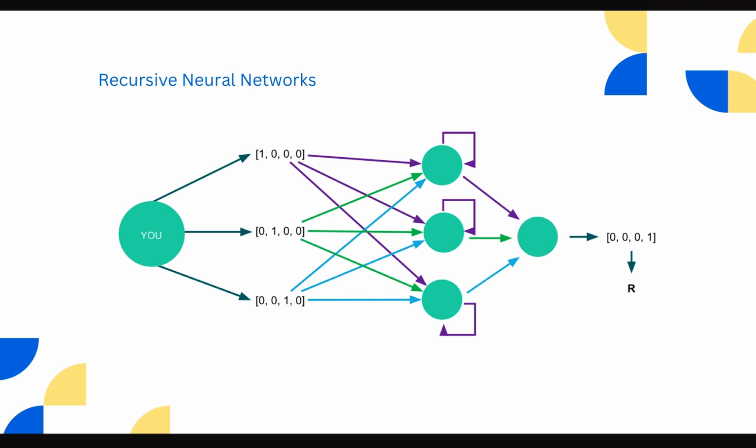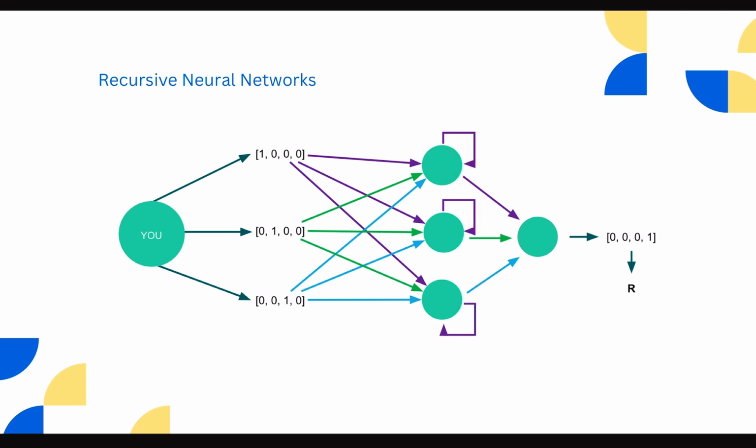Unlike traditional neural networks, RNNs have loops in their architecture. The loops helped in allowing information to pass to the next set of neurons and so on. So they work by taking in input data sequentially, with each step's output being fed back into the network as an input for the next step, and so on.